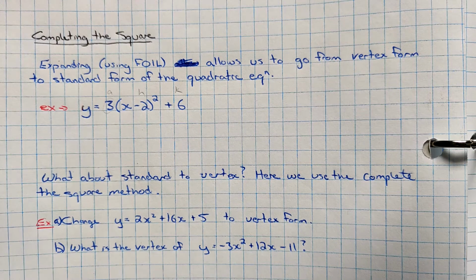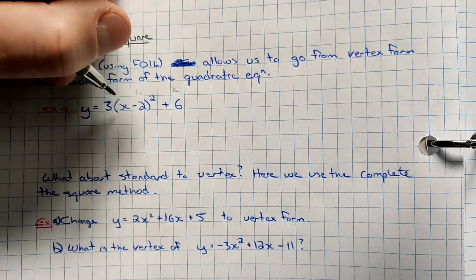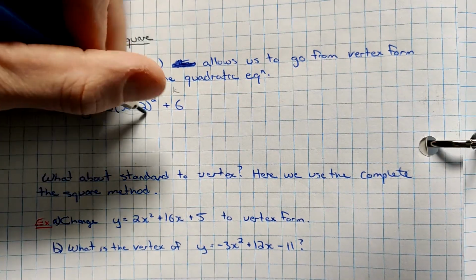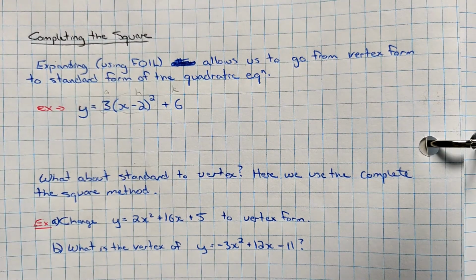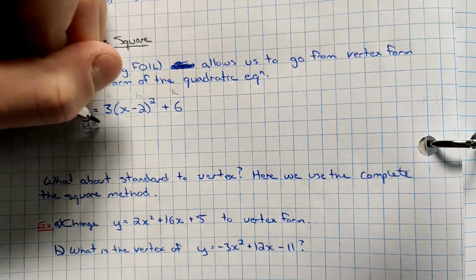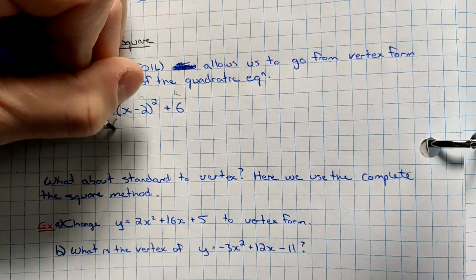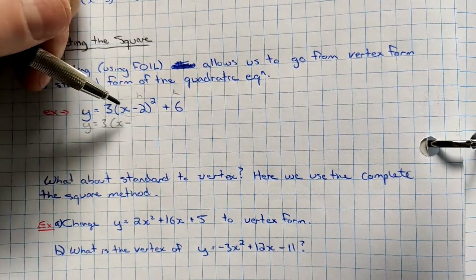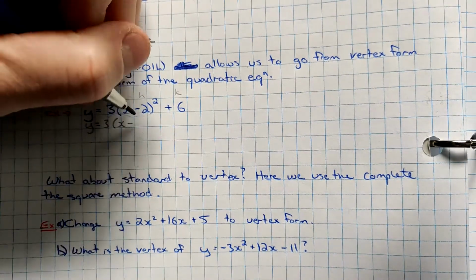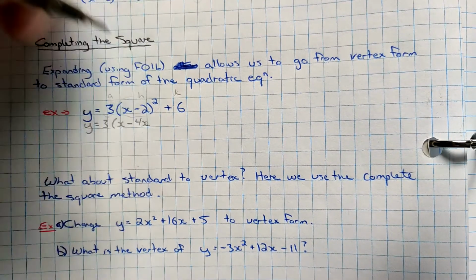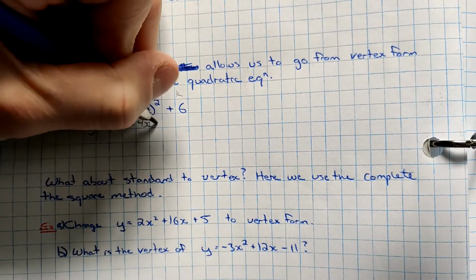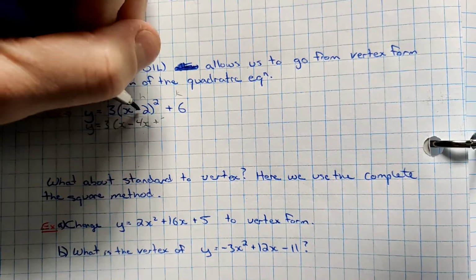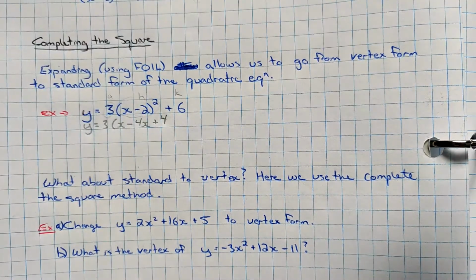So from here, we can convert this to standard form by expanding out the (x minus 2) squared. So if we do that, we get 3, and then that would be (x minus 2) times x times another 2 would be negative 4x, and then negative 2 squared would be positive 4.